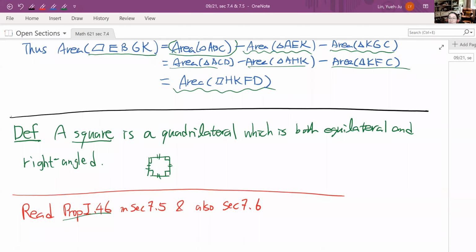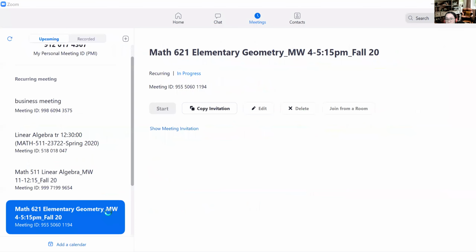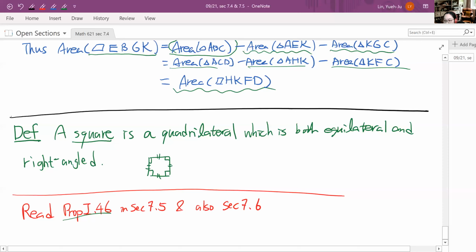So do me a favor, if you have time, please read in advance, especially 7.6, the Pythagorean theorem. We are going to do 2 kinds of proof. The one in the textbook is more geometric, so it can be complicated. It will be very beneficial if you read the proof of the Pythagorean identity in advance, then you will know exactly what's going on.